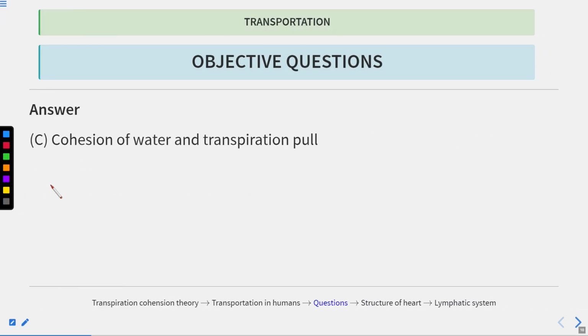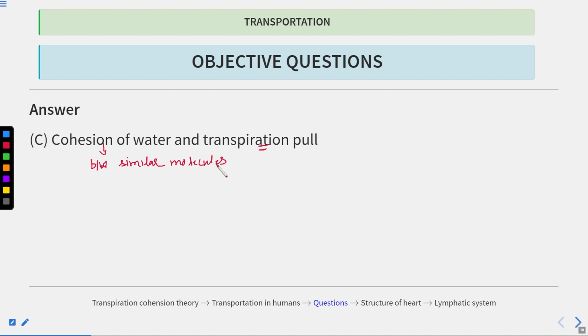Cohesion of water and the transpirational pull. This helps in the uptake of water or transport of water in tall trees. So what is cohesion? Cohesion is the forces between the similar molecules. There are some other forces which are known as the adhesive forces.